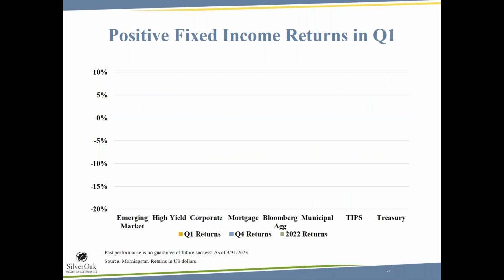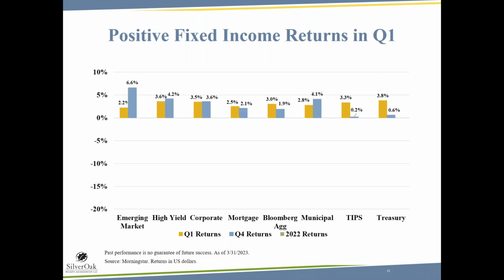Right. So bonds really had a terrible year last year because interest rates came up so quickly and to such a high level, and so returns were negative. But when we look at the first quarter, despite everything going on, we did see rates come down a bit, and so we saw widespread positive performance, and we also saw positive performance within the fourth quarter.